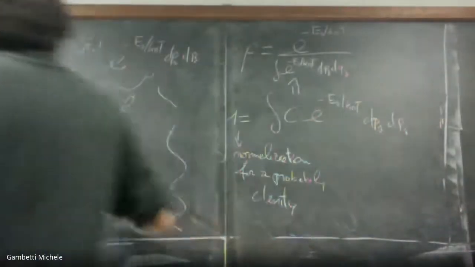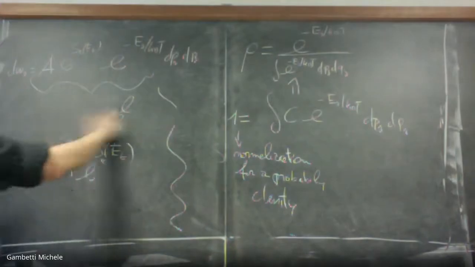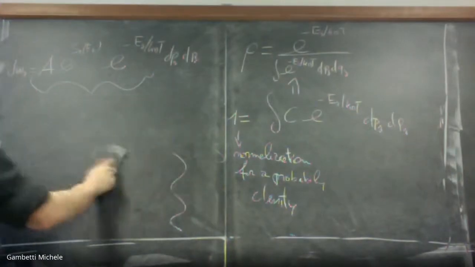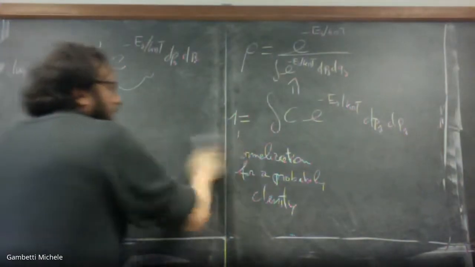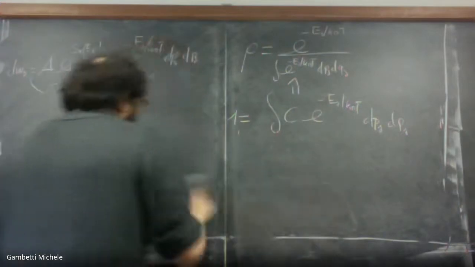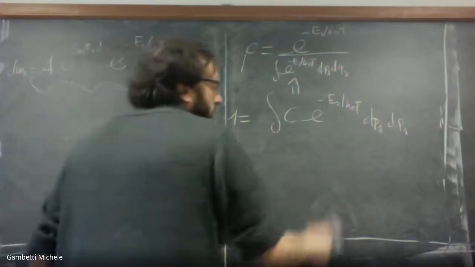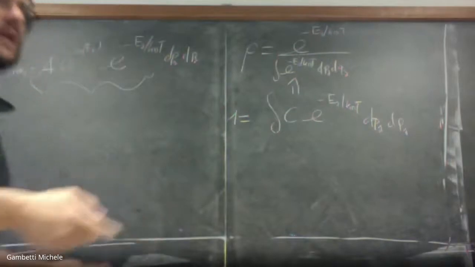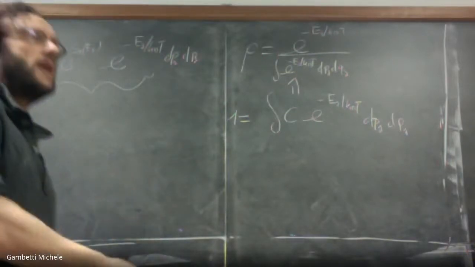Now, and I will stop in a moment. So what's the difference with respect to the microcanonical ensemble? In the microcanonical ensemble, the probability density is a constant in the phase space, which is a constant inside the shell, and then is 0 outside.